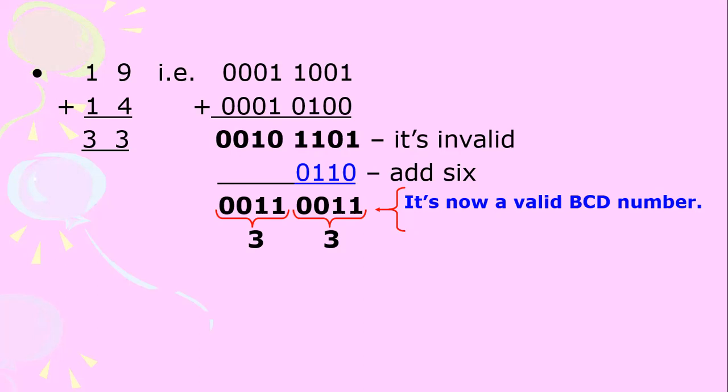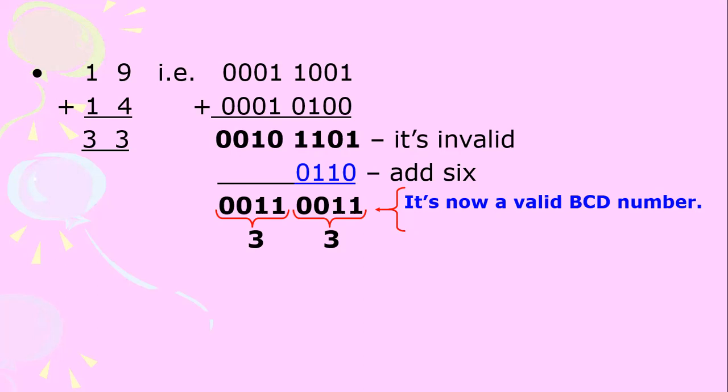Because each group of 4 binary digits is equivalent to each decimal digit in our value. 19 plus 14 is 33. So 3, 3.